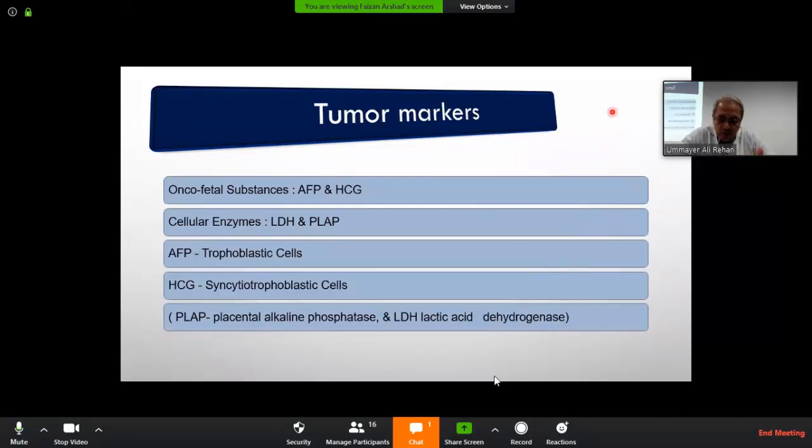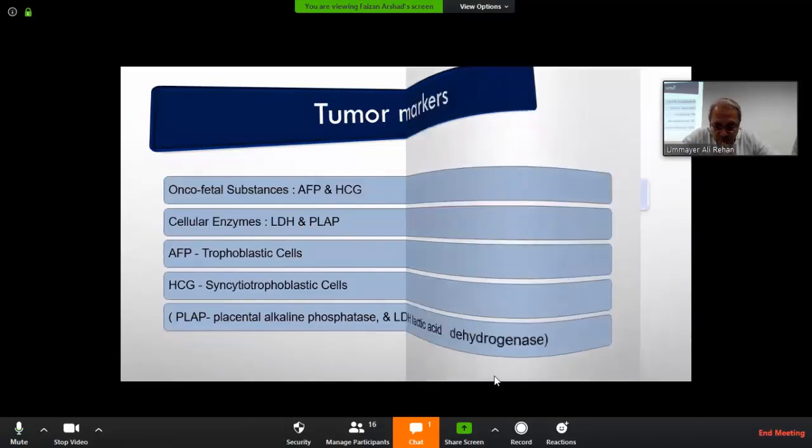If there is no AFP, we are sure what it is. If there is AFP, we are sure what we are dealing with and what we are expecting the histopathology should be. And if HCG is in a very high concentration, then we'll be sure that there are some chorionic cells present, right? Yes, please proceed.